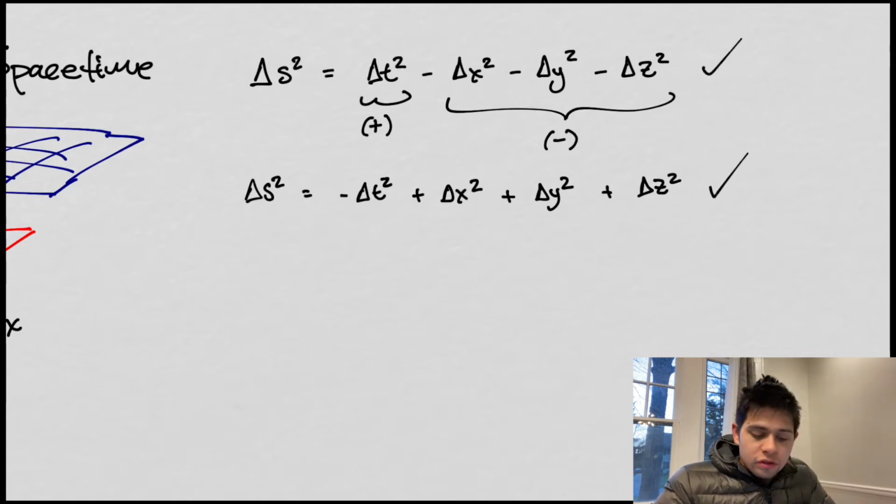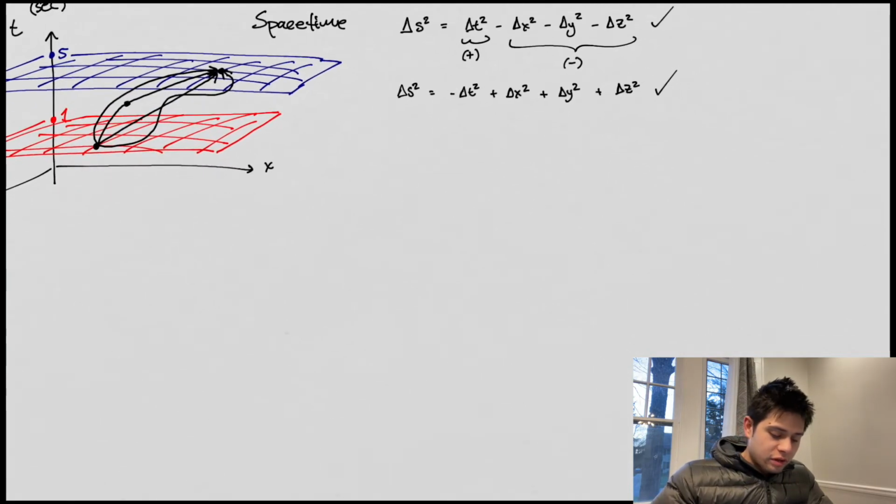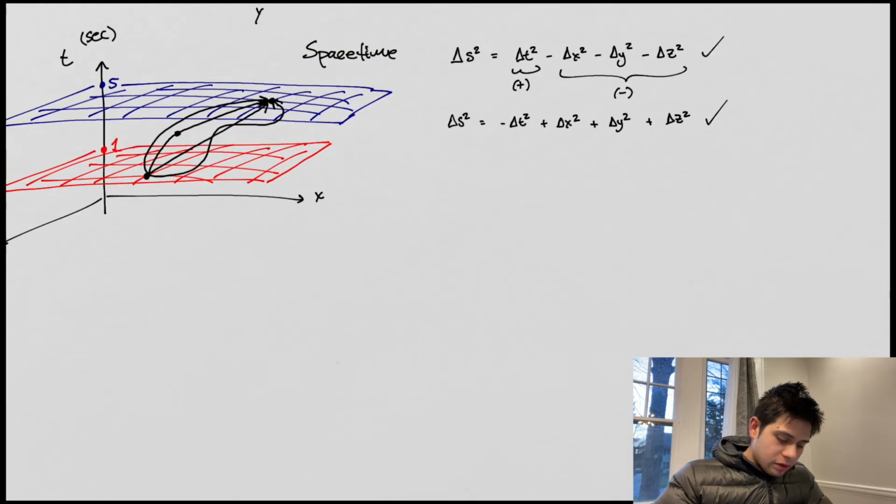So this is the structure of space-time, and this is fundamentally different than the structure of space itself. The idea, again, is that when we put time into the picture, our metric, the notion of distance, actually changes. And we'll see how this is useful and how this will become helpful later on. Right, so we've talked about space-time.